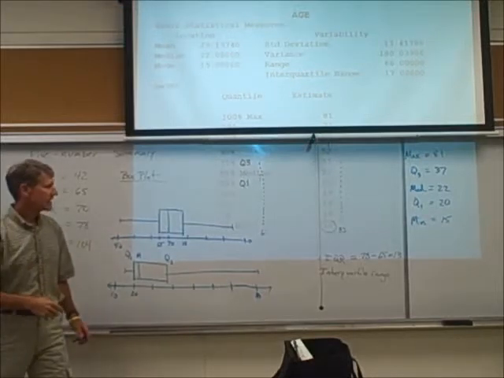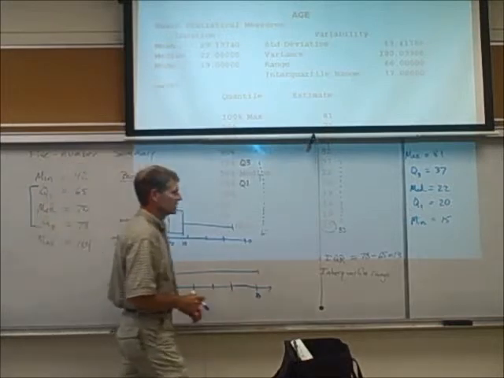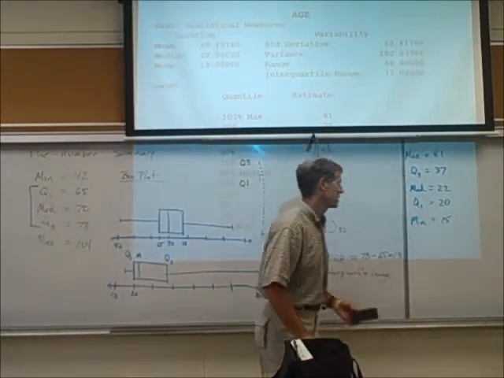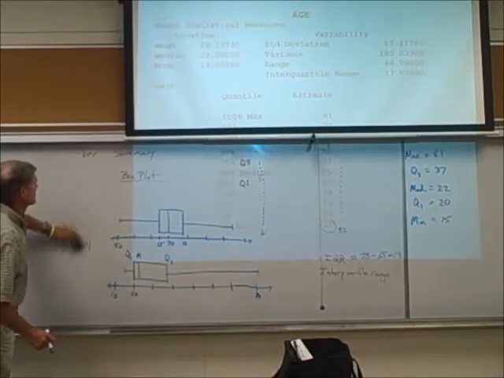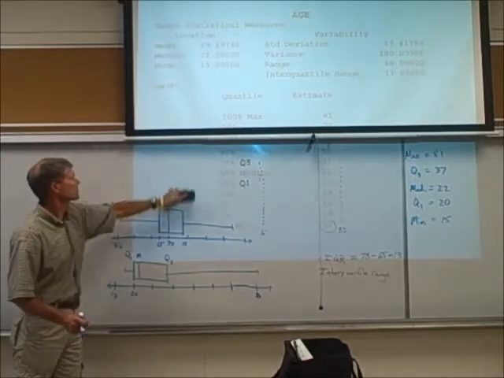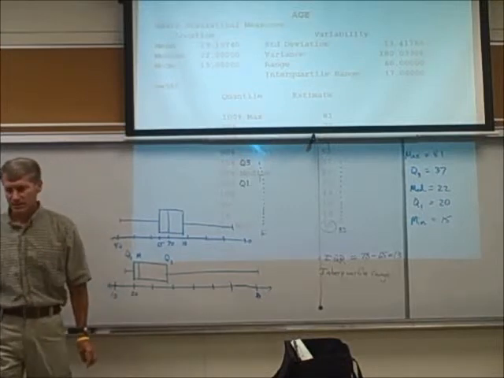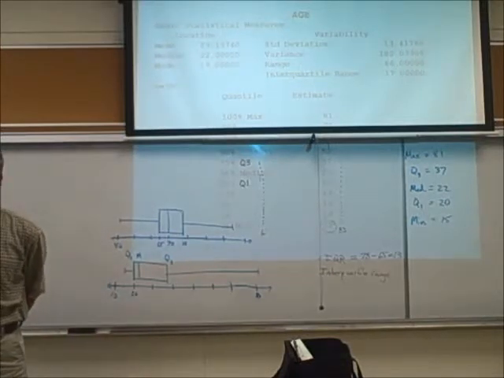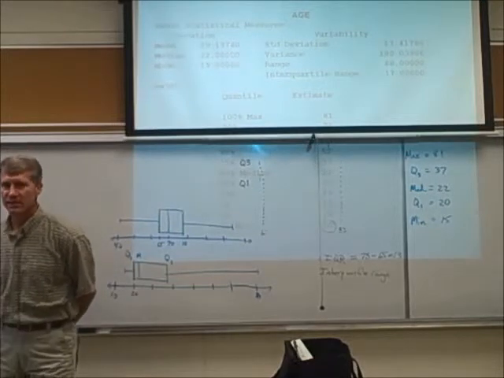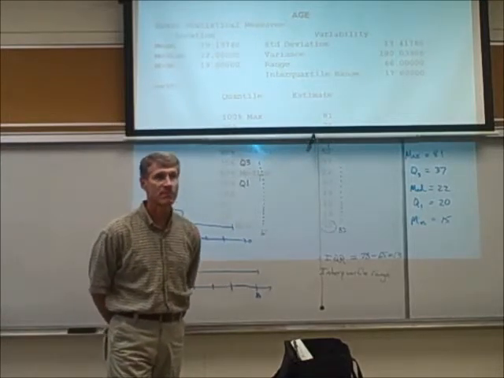Now, in a real extreme case, I don't have any data like this to show you, but suppose we ask a survey in college, how many times have you been married?